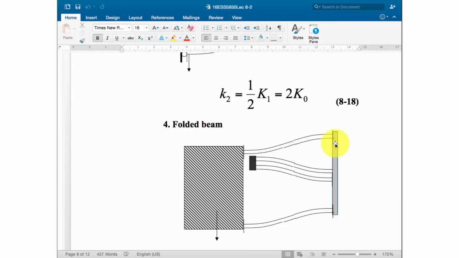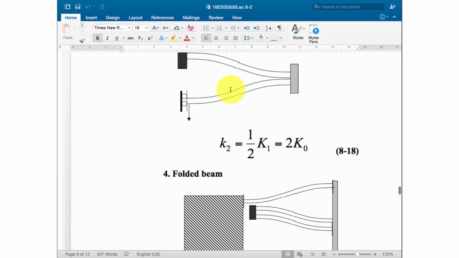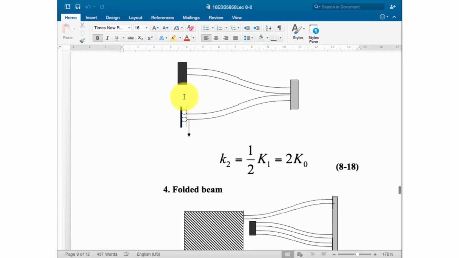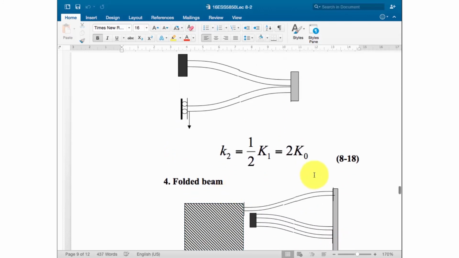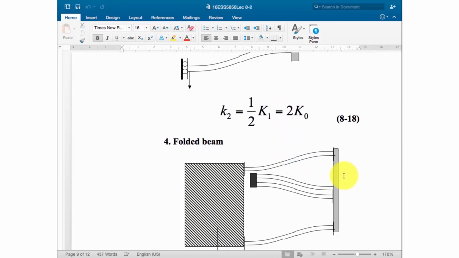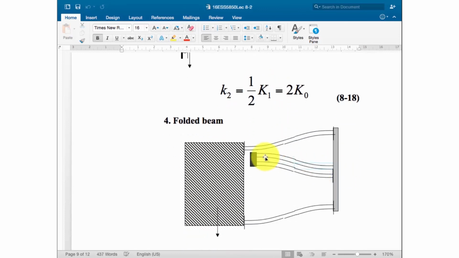That means you make another crab leg on the other side and connect it to this one. For example, this crab leg is only the bottom portion, and the bottom portion gives you 2K0. But now, without more deflection, you add another spring in connection with the original spring. The deformation is the same, the deflection is the same.